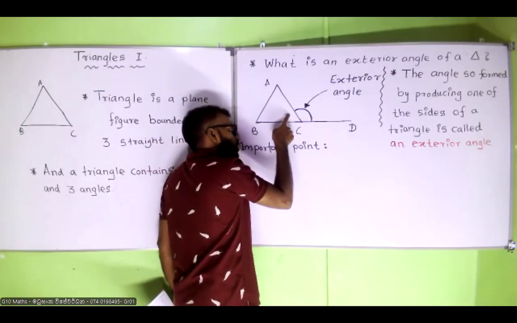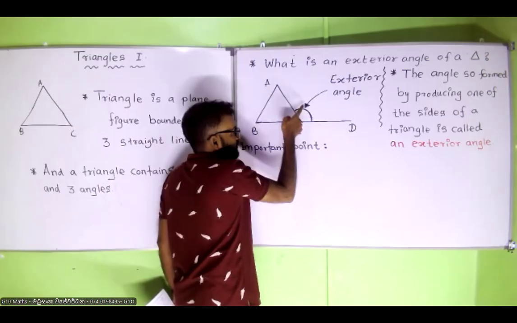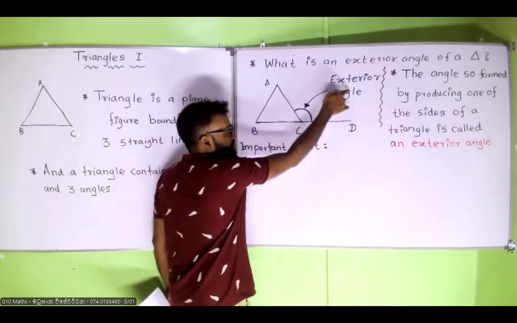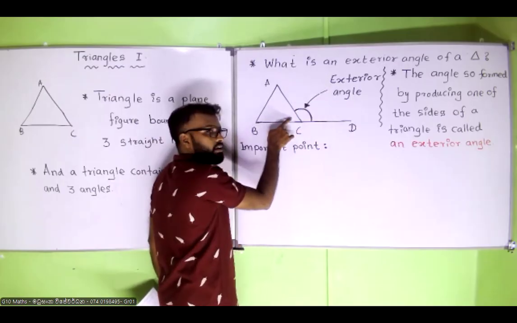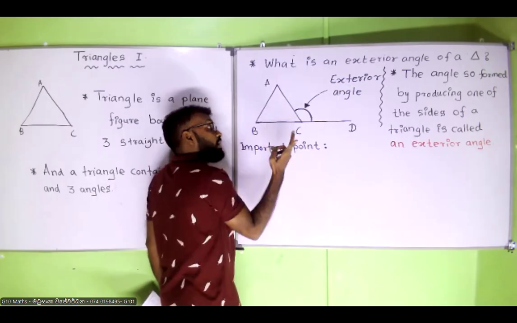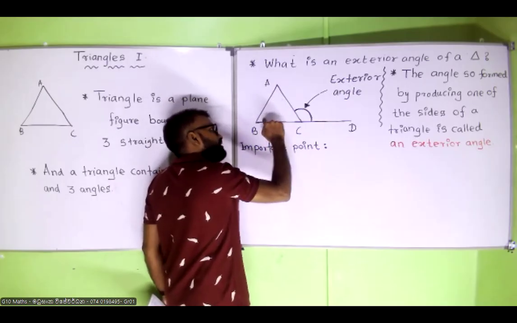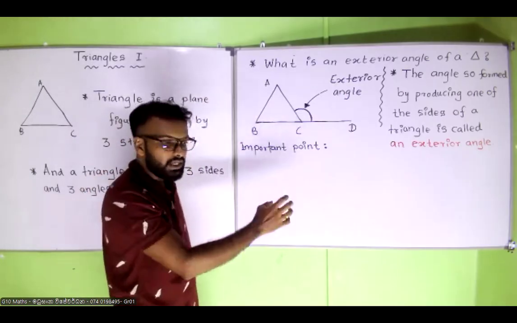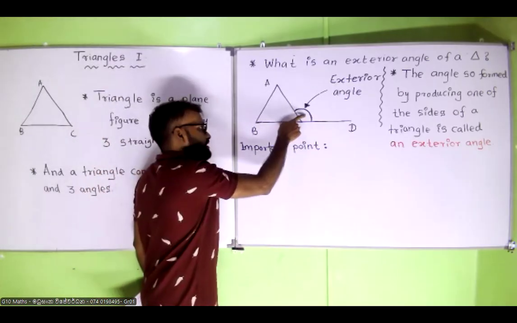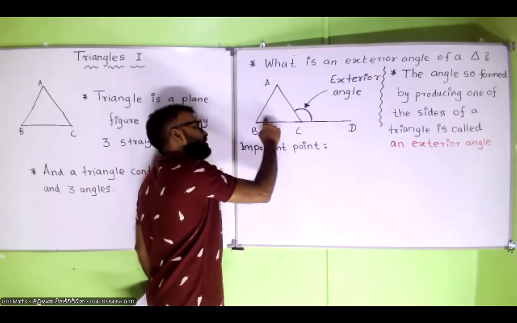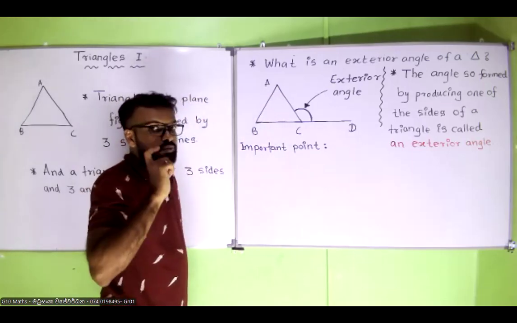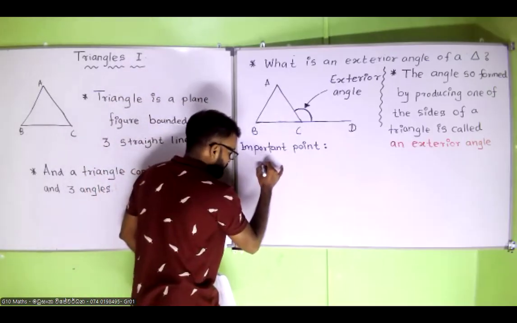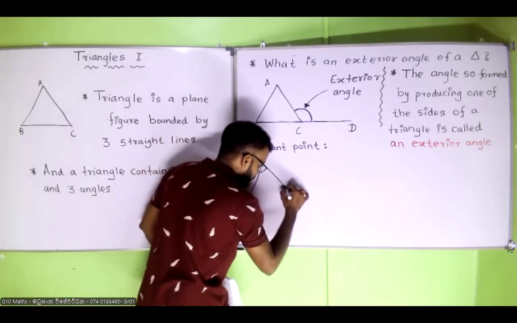This is the interior angle of this particular exterior angle, and the two opposite interior angles are these two, this one and this one. That is how we get the opposite interior angles. Now I will draw the same figure here. If you want, you can draw it.